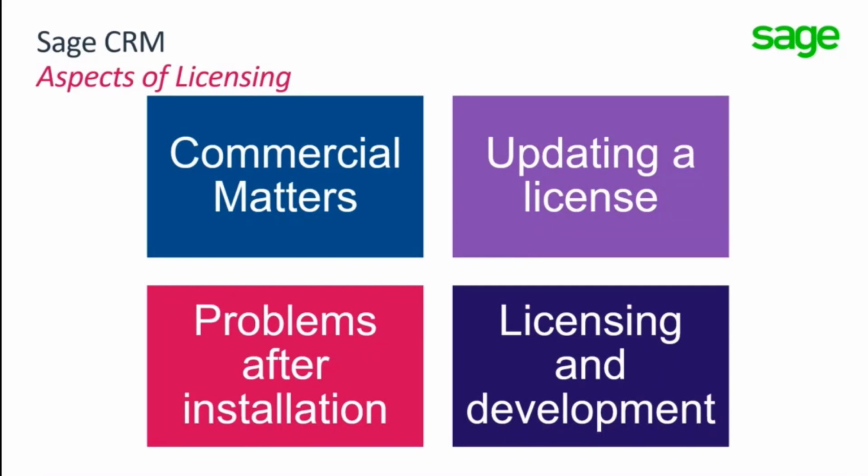What we'll do at the end of the presentation, and please note, if you're watching this on YouTube sometime later in the future, this is really a presentation that was recorded in the context of some colleague training, is go on to Q&As. So the first thing to look at, we'll look at commercial matters, updating the license, issues that happen after installation, and licensing and development. We'll look at each of these points in turn.